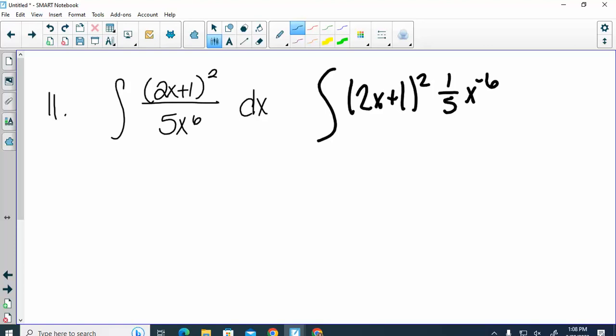Now you do the antiderivative. And that's still a product. Then actually you don't do that yet. So you FOIL this. And so you take that times that.